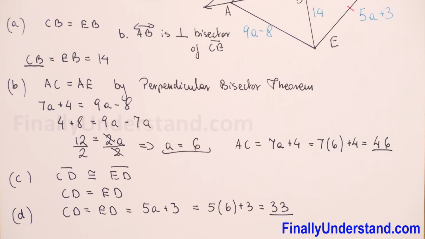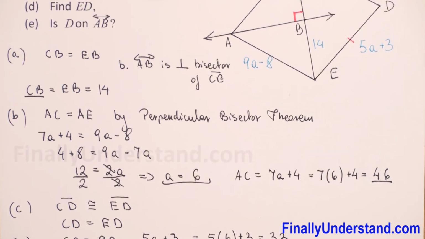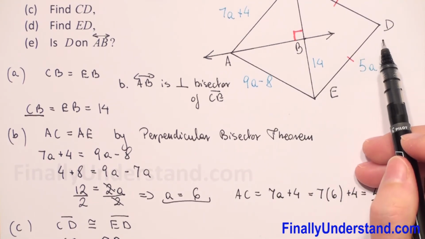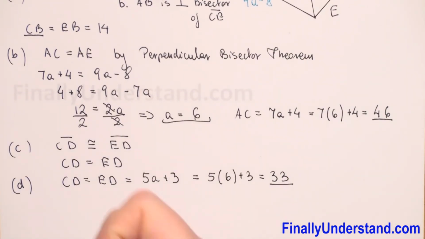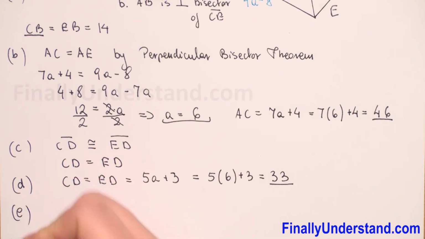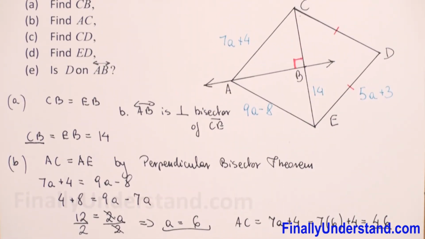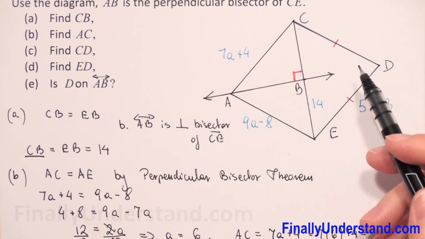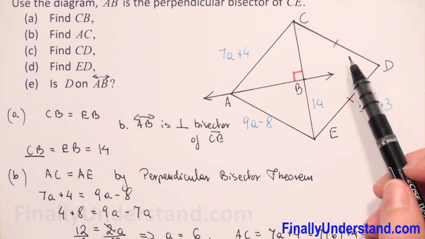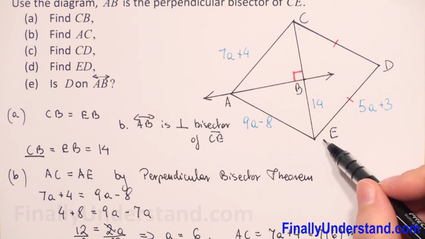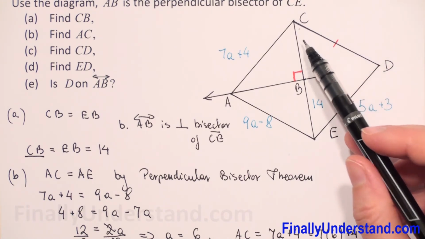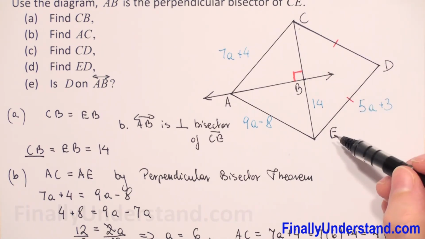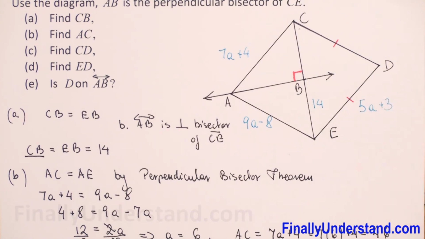Next, we have to check if point D is on the line AB. Because we have that CD is congruent to ED, because we have these red marks, it means that CD is equal to ED.